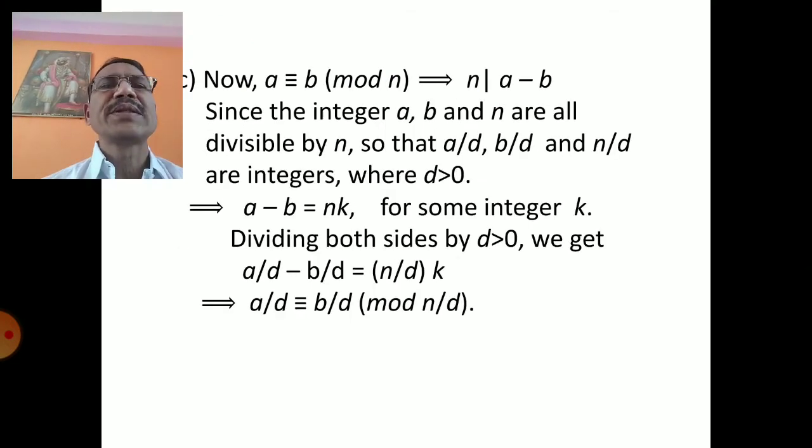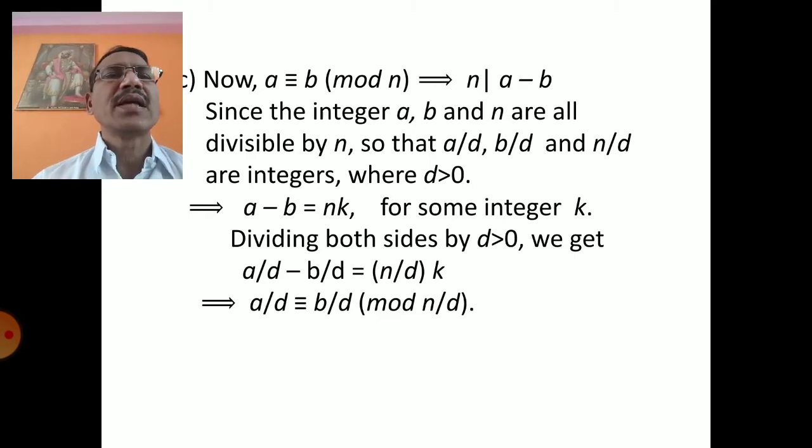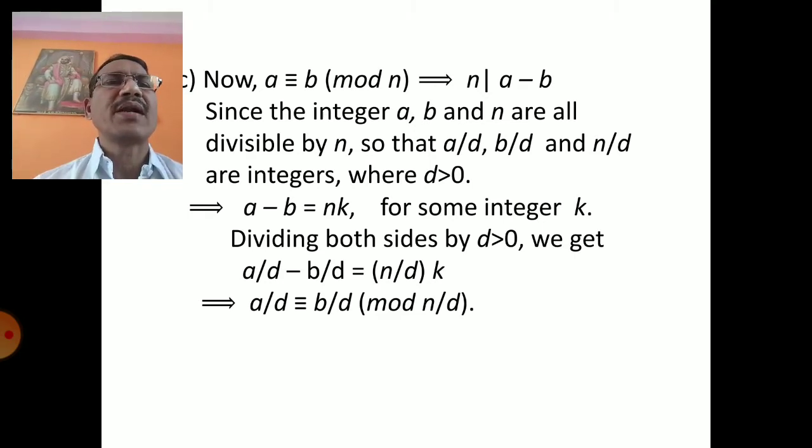The proof is similar to the previous one. a is congruent to b mod n implies n divides a minus b. The integers a, b and n are all divisible by d, therefore a divided by d, b divided by d, and n divided by d are all integers.